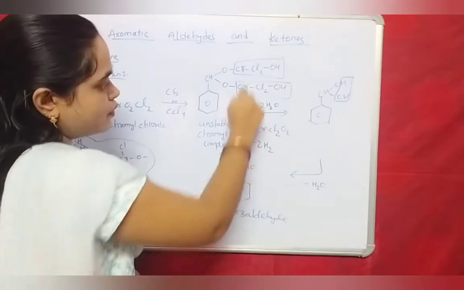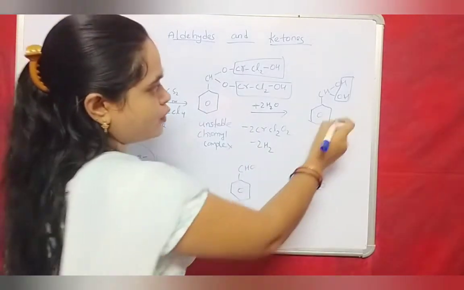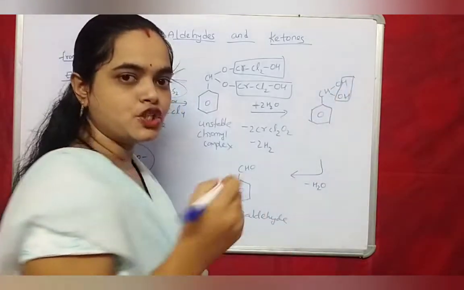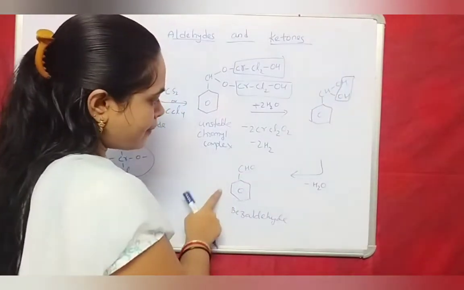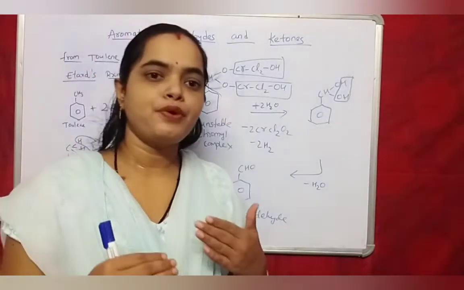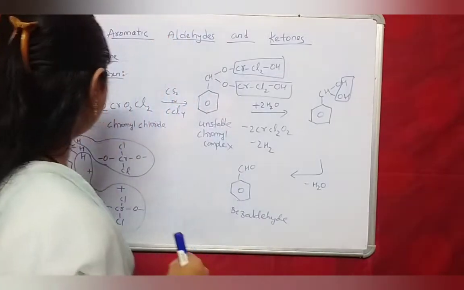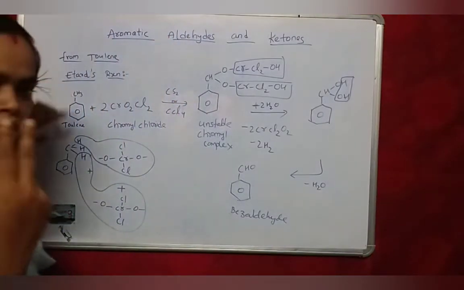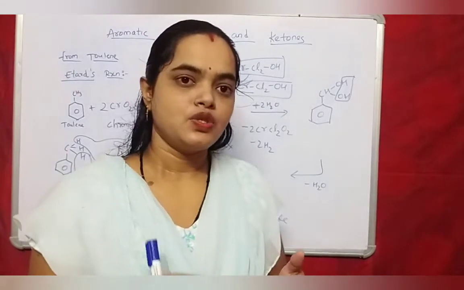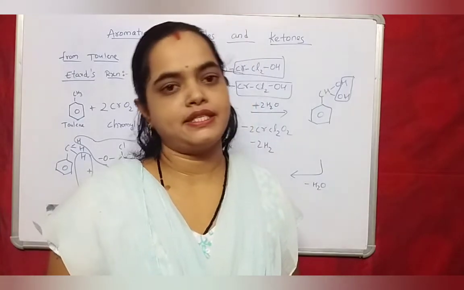All these are removed, and the remaining product is a diol, in which H2O is removed and benzaldehyde is formed. Here what happens? From toluene, benzaldehyde is formed, oxidation takes place. See, toluene CH3, two hydrogen atoms are removed and one oxygen is added. So in Etard's reaction, oxidation of toluene takes place.